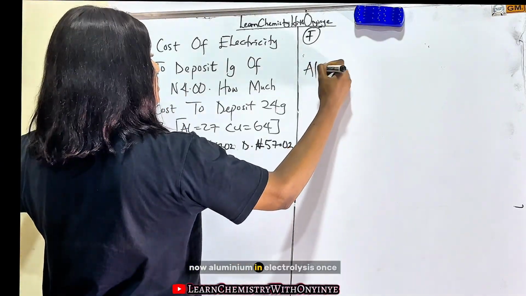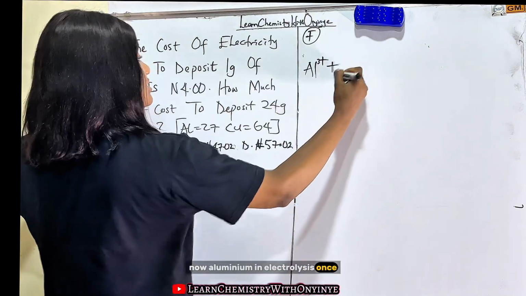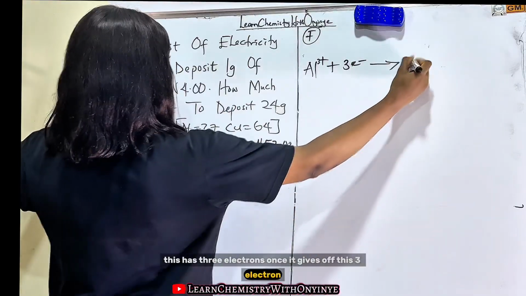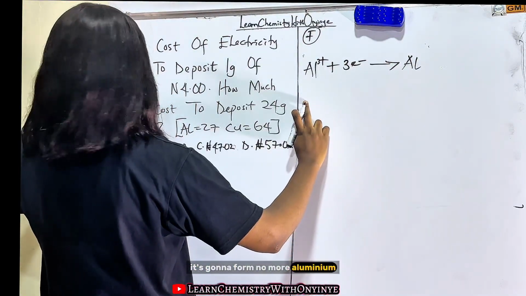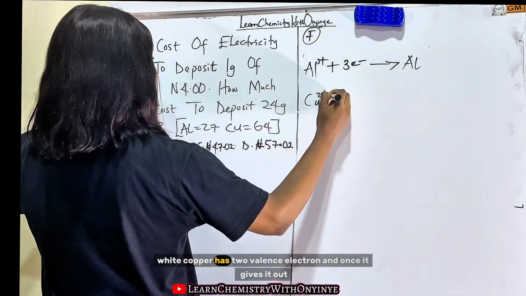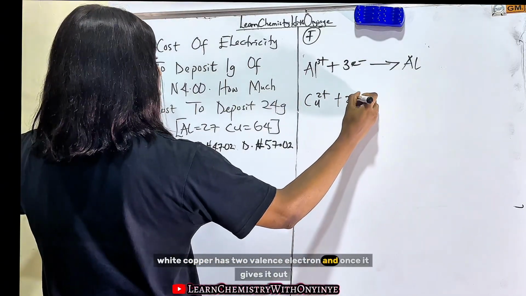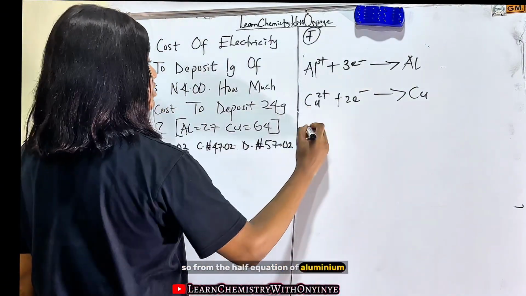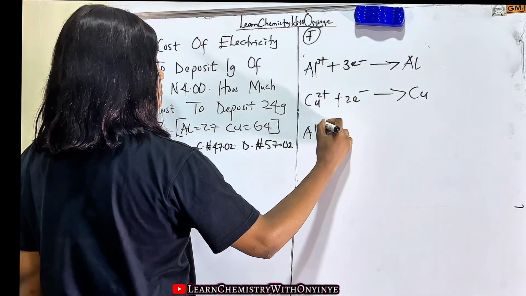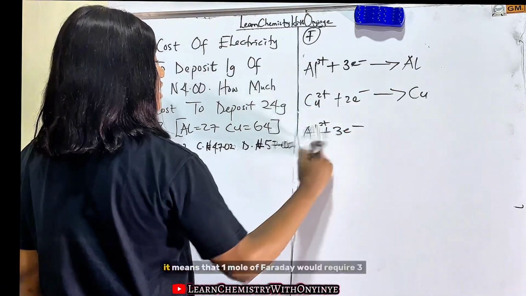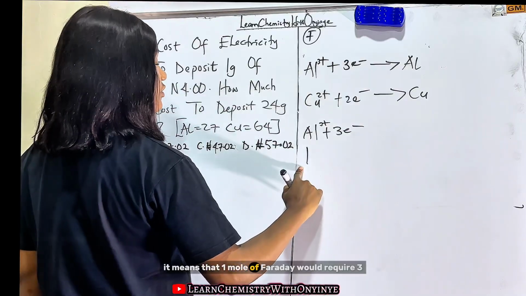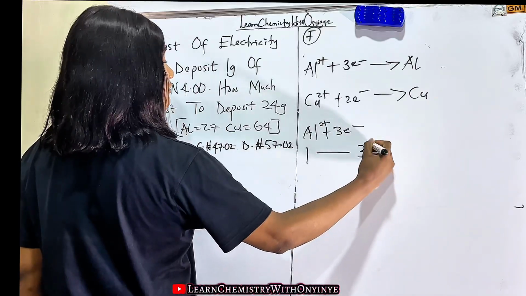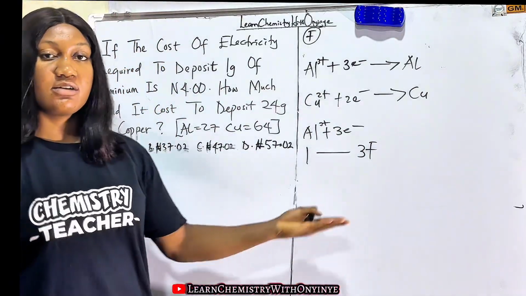Now, aluminium in electrolysis, once it gives off these 3 electrons, it's going to form no more aluminium, while copper has 2 valence electrons, and once it gives them out, you're going to have no more copper. So from the half equation of aluminium, it means that 1 mole of aluminium would require 3 Faraday of electricity.